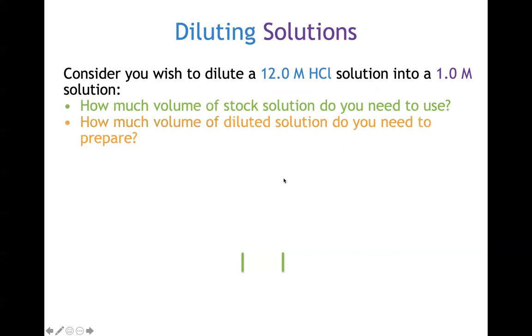Okay, so we ask ourselves, how much volume of the stock solution do we need to use if we're not told? And we also ask, how much volume of the diluted solution do we need to prepare? Right, so we use a very useful formula really. M1V1 equals M2V2.